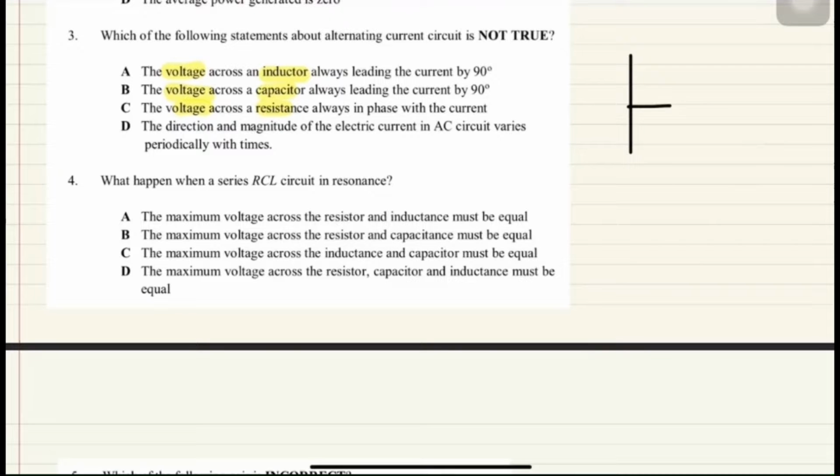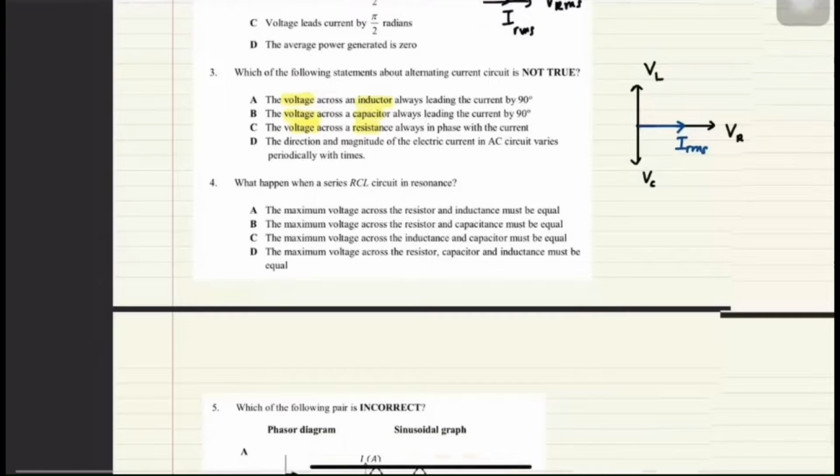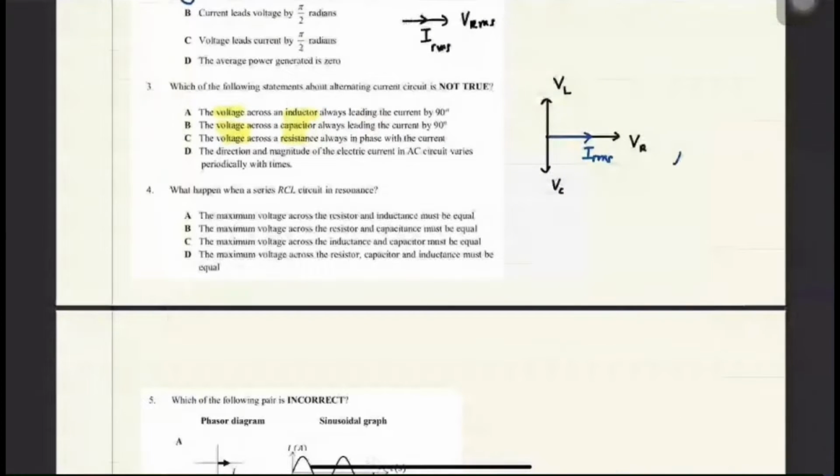So in terms of voltage, the top one is VL, the middle one is VR, and the bottom one is VC. Then we compare with IRMS. So IRMS, following this phasor diagram, is always there, and the rotation direction is in that direction.